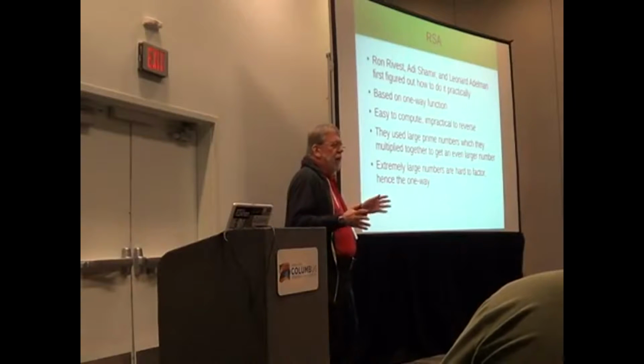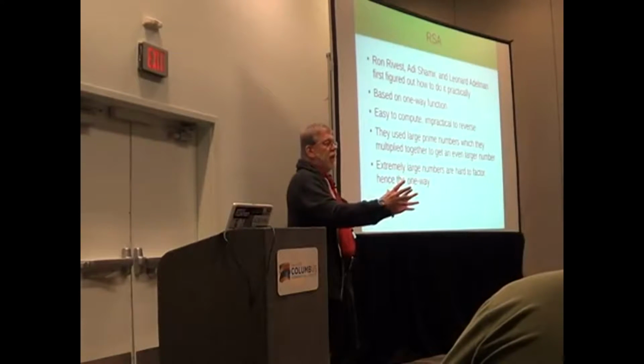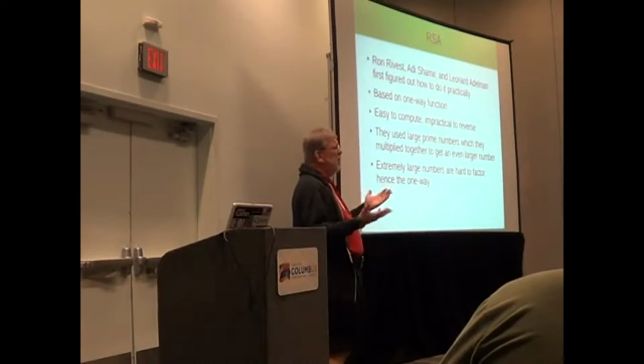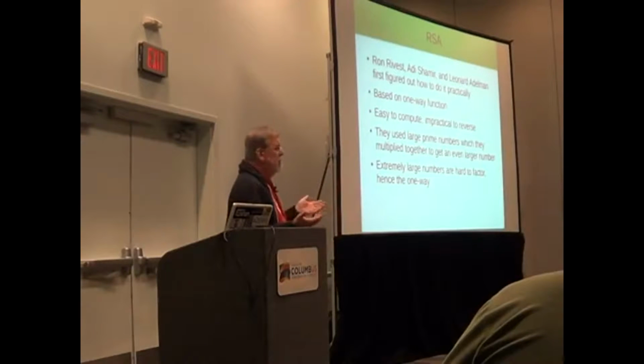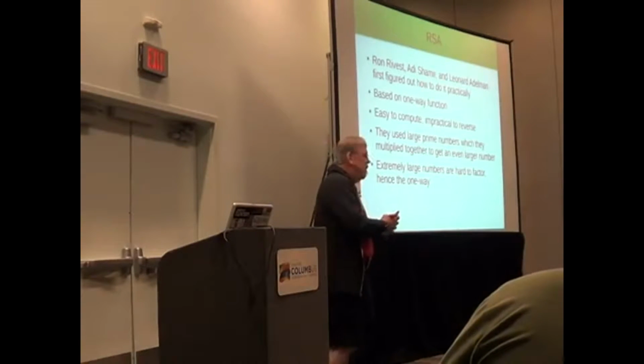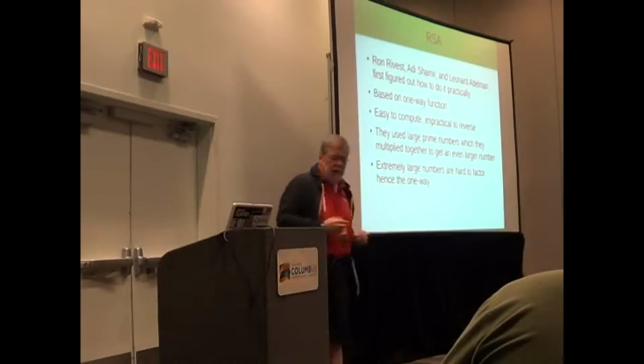But there is a mathematical basis to all of this. And the idea is that you take two large prime numbers, and they should be relatively near each other, multiply them together, and get a very large number.